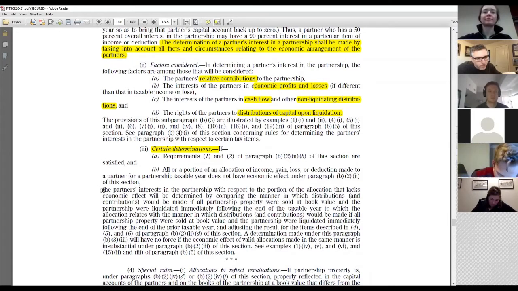And it's a long sentence, but it's basically what we did before. We're going to compare a hypothetical liquidation for book value at the end of the prior year, see what each partner would get, and compare that to a hypothetical liquidation at the end of the current year, and see which partner would get what.